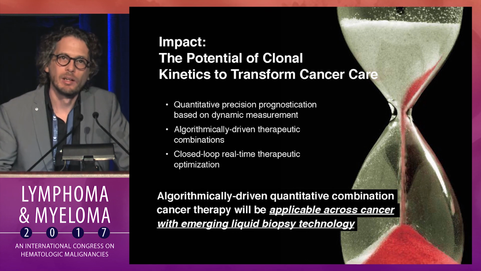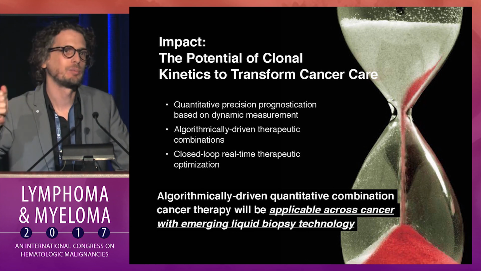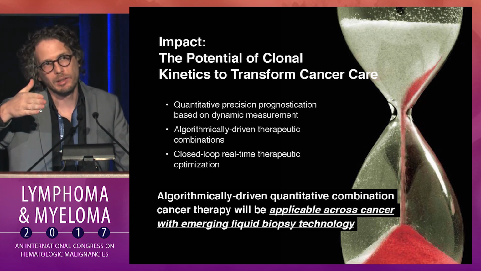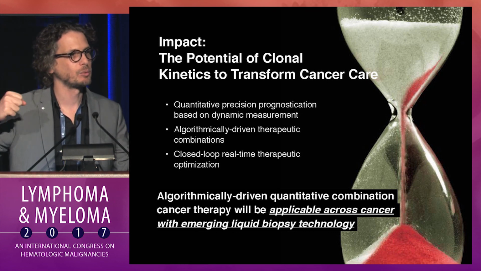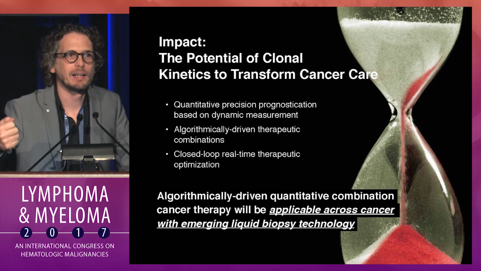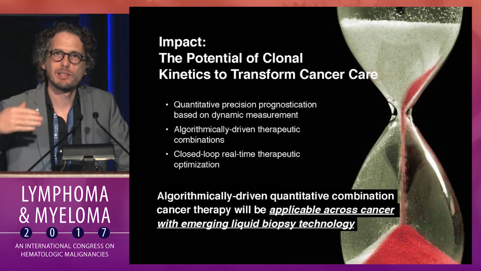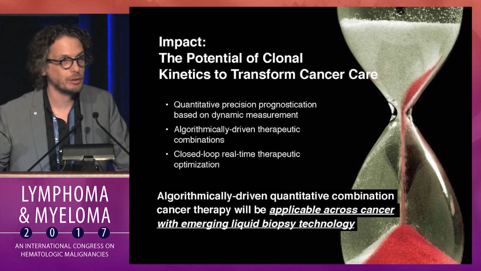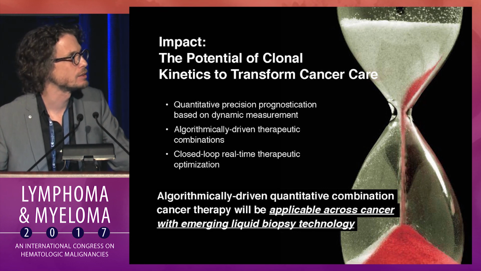Instead of basing therapeutic decisions on a one-time genomic measurement before the patient is treated, we can now think of replacing this with a continuous measurement that would allow us to say which clones are responding less, and ideally that would drive closed-loop optimization, where we can use this information and adapt our therapy in such a way that would guide, for example, combination therapy, that, as you've heard, is a significant challenge in this disease.